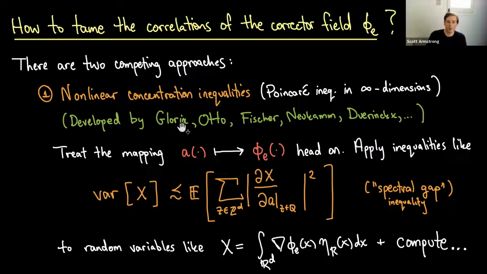But it was a beautiful paper, and their point was that you can use these nonlinear concentration inequalities to prove things in homogenization. So you say, well, assume I actually have a random checkerboard. I have a countable number of variables that describe my coefficient field. So I have an infinite number of variables, and I can think of random variables of the coefficient field as just functions of a countable number of random variables.